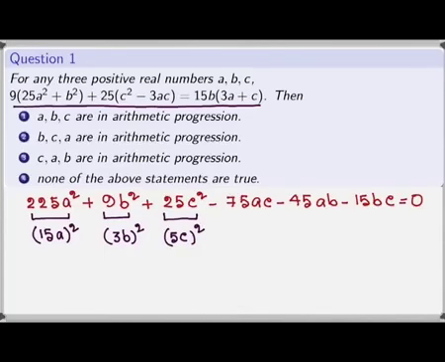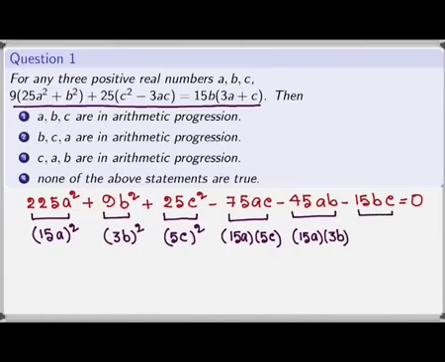We can write 75ac as 15a into 5c, 45ab as 15a into 3b, 15bc as 3b into 5c.